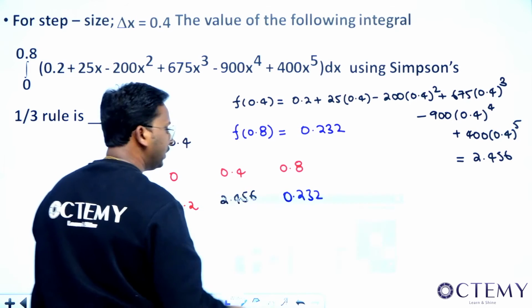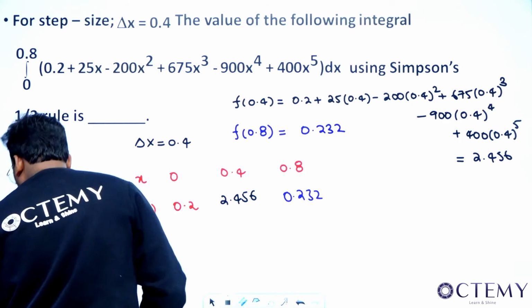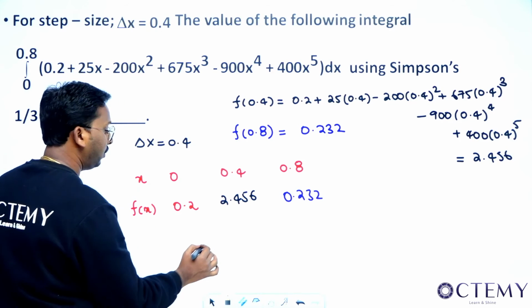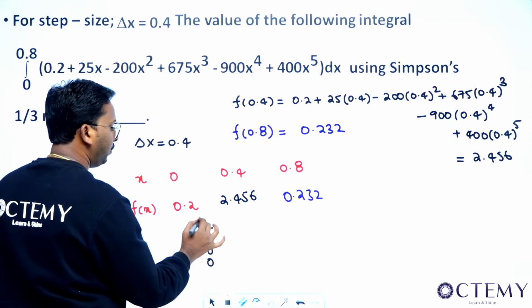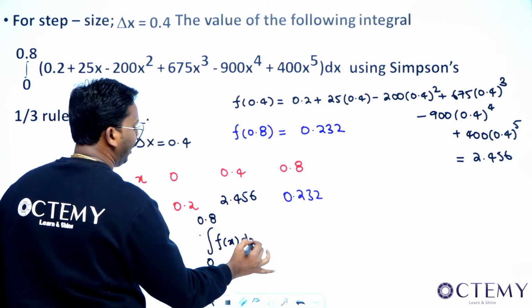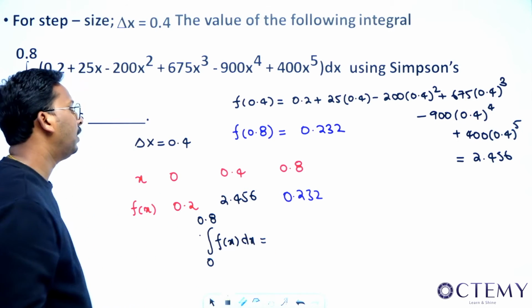Now what do you have to apply, sir? You have to apply Simpson's 1/3 rule to evaluate the integral from 0 to 0.8 of f(x) dx. That should be equal to, what is the h value? 0.4.